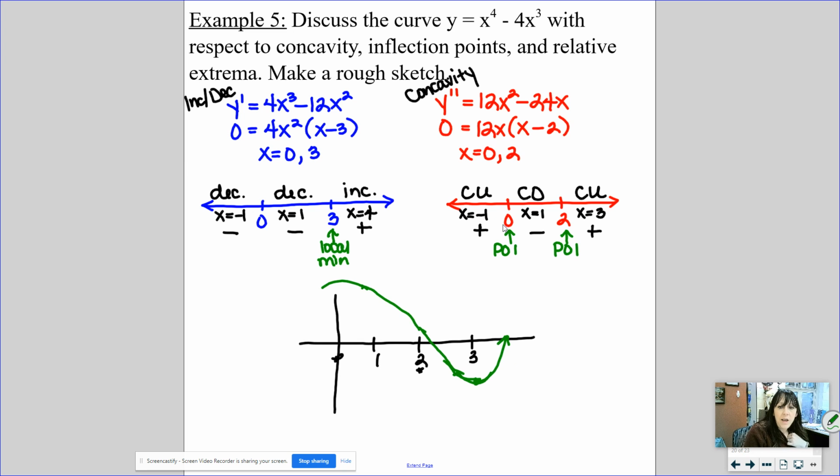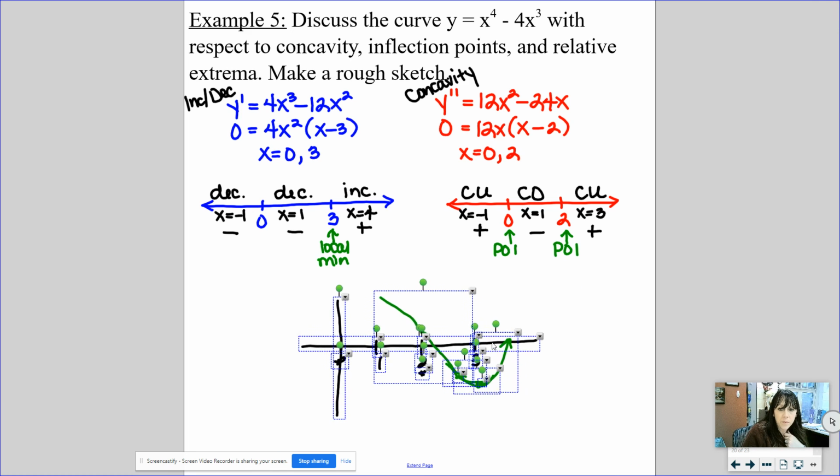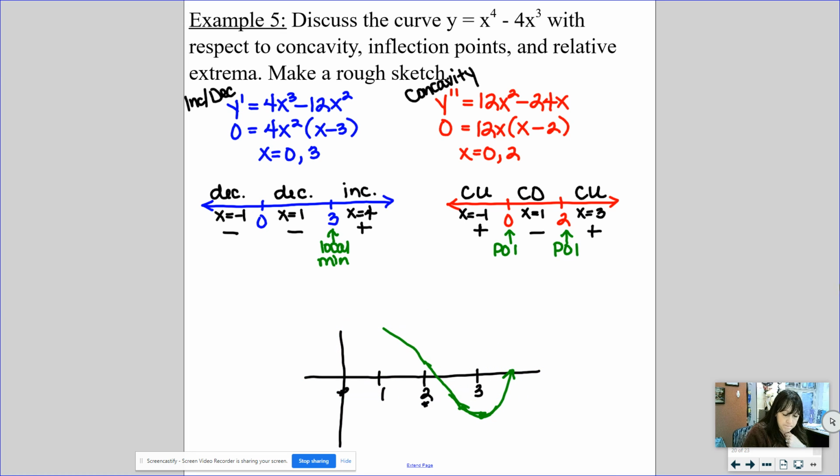From negative infinity to 0, we go back to concave up. So I need to switch concavity right here. That's going to be a little bit tricky. My graph is still decreasing, so I'm going to need a little more room. And I want to switch to concave up. So it's got to go kind of like at 1, we got to switch and go the other way.